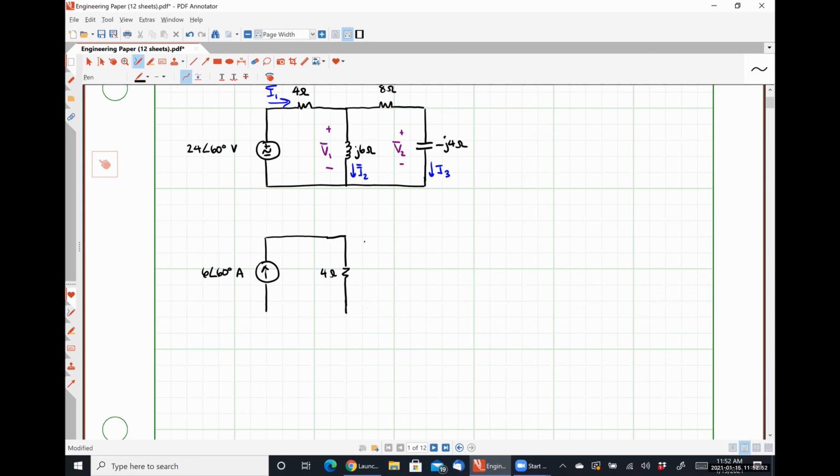All right. So then we're just going to reconnect it to what was left. So that's this j6 ohm impedance, where this is the phasor current I2. This is the phasor voltage V1. Here is my 8 ohm resistor. Here's my minus j4 ohm impedance.